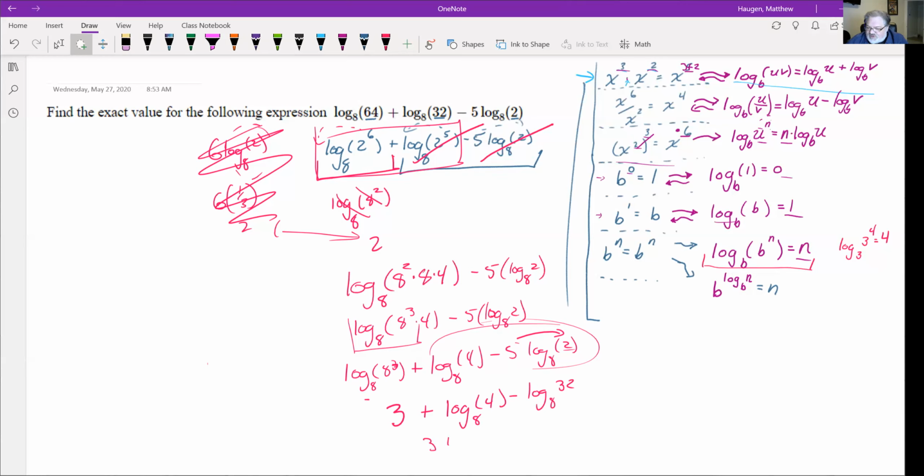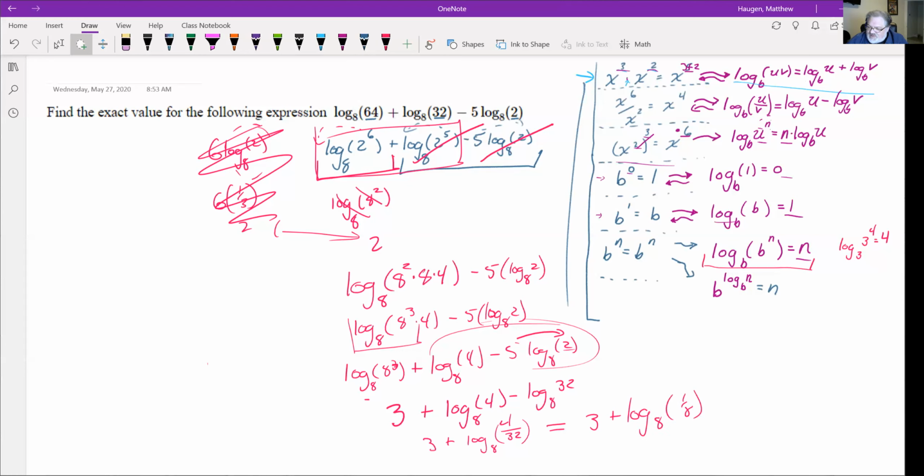Okay, so that's 3 plus log base 8 of, well, we could certainly divide those if we wanted to. 4 divided by 32. I'm starting to enjoy this less, but oh, don't the 4 and the 32 divide? That's nice. So that's 3 plus log base 8 of 1/8.